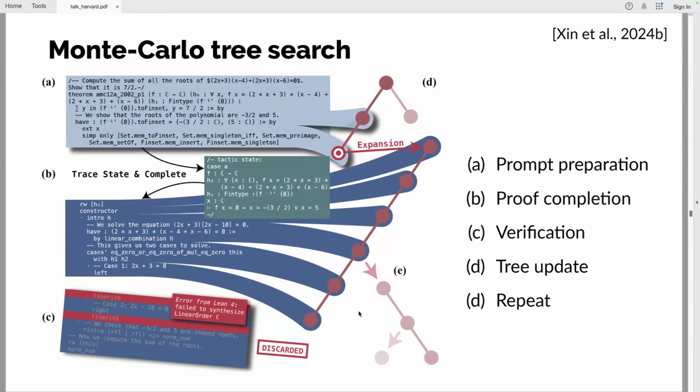Yes, indeed, we do not differentiate these two nodes, and we take it as one single node of one tactic state consisting of two cases, and each has its hypothesis and goal.